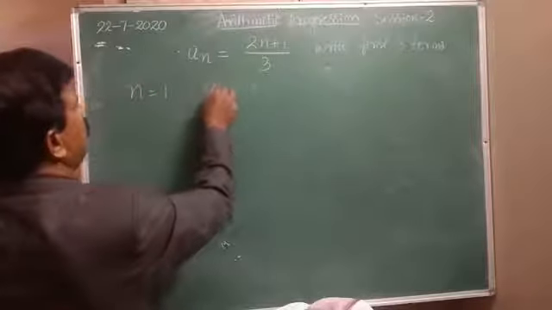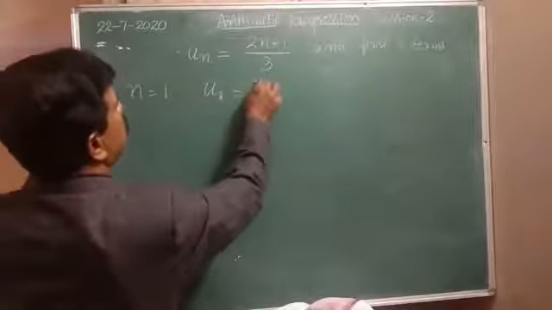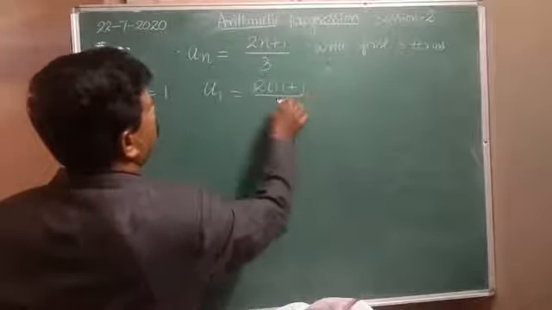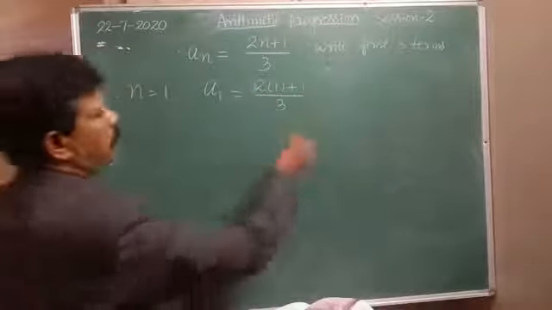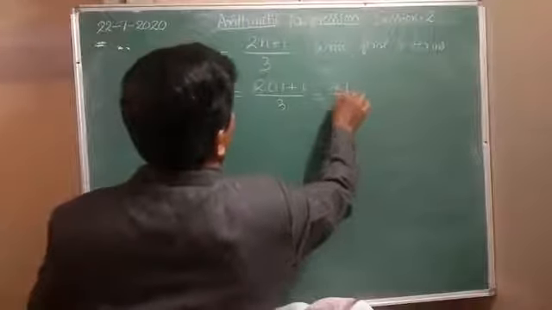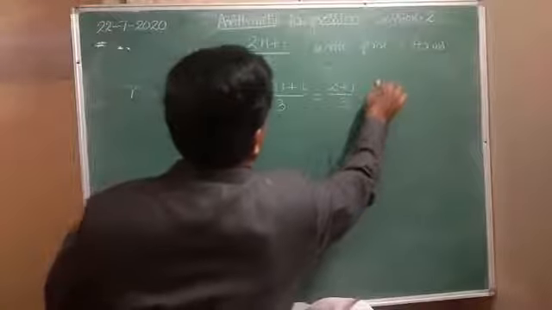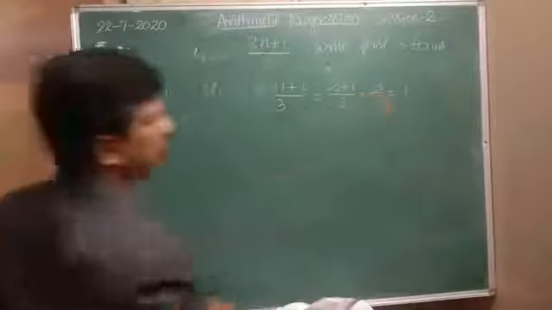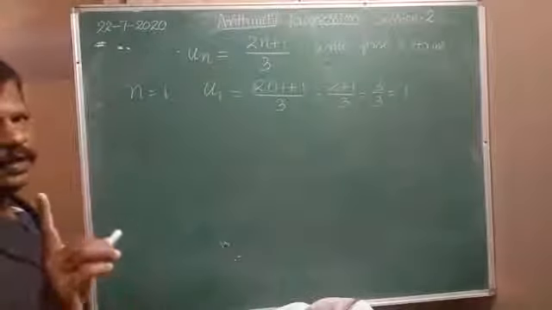Then a1 equals (2 into 1 plus 1) by 3, that is 2 ones are 2 plus 1 by 3, which is 3 by 3, that is 1. This is the first term.